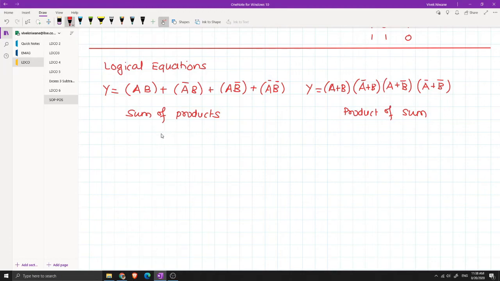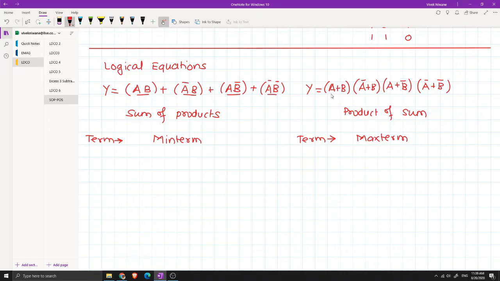In sum of products, each term is called a min term, and here each term is called a max term. AB is a min term, A bar B is a min term, AB bar is another min term, and so on.